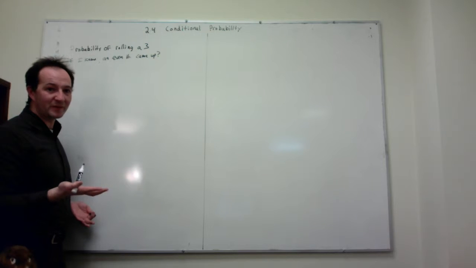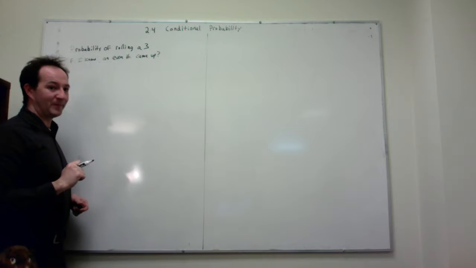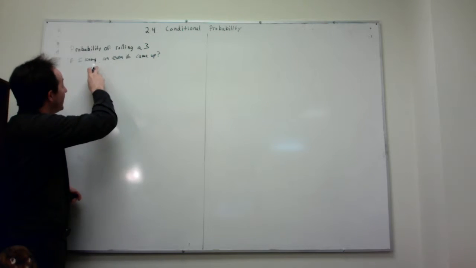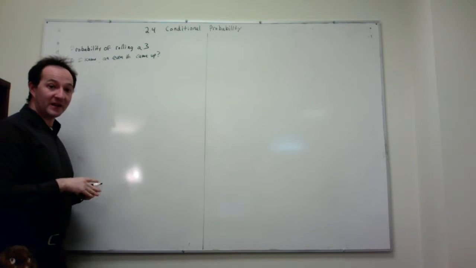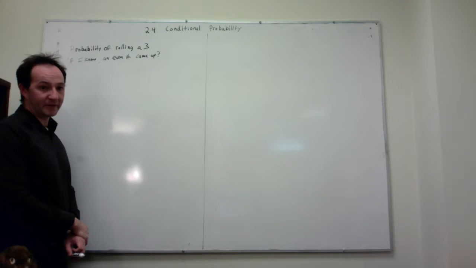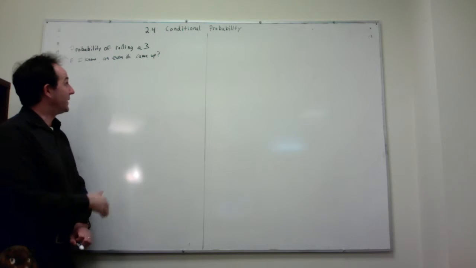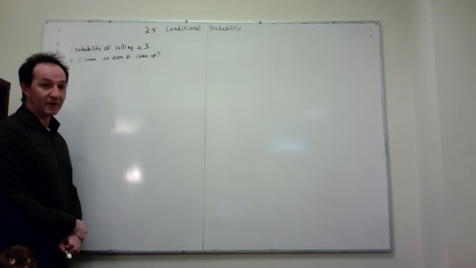Well, of course, it's impossible for me to roll a 3 if an even number came up because 3 is not an even number. So initially, when I just rolled it and didn't know anything, I'd say the probability is 1 out of 6. If Charlie tells me an even number came up, then the probability has to be 0.